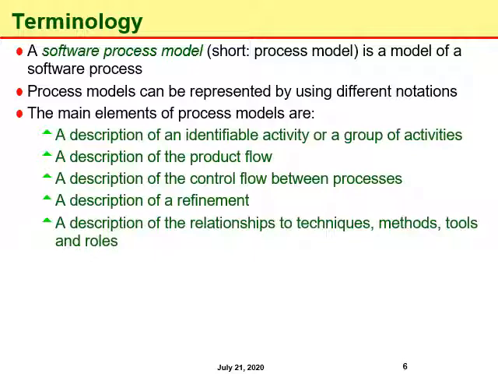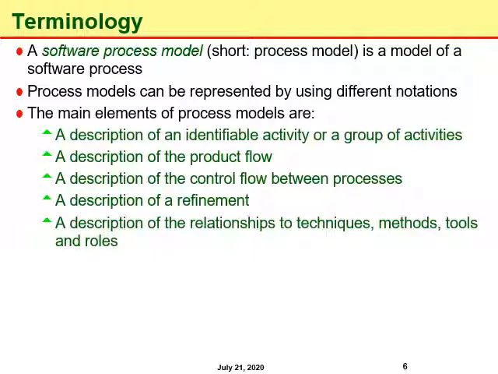The main elements of the process model include, first, a description of identifiable activities or a group of activities. Then a description of the product flow, that is, inputs and output products of different activities. Then a description of the control flow between processes, that is, the enactment or execution sequence.